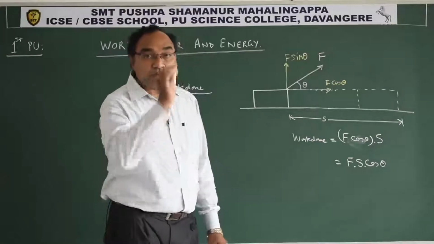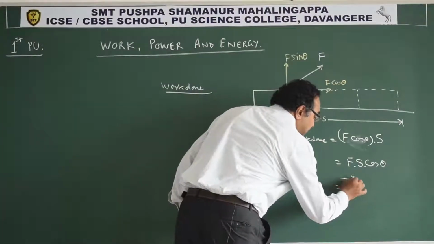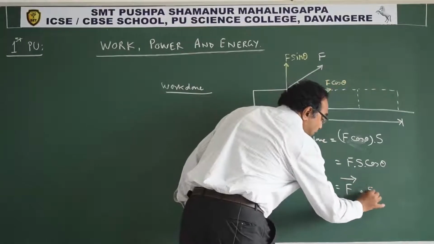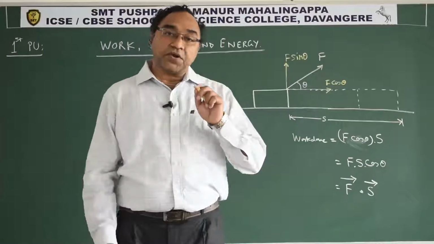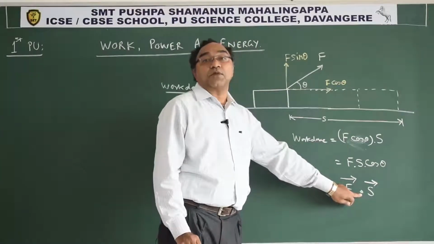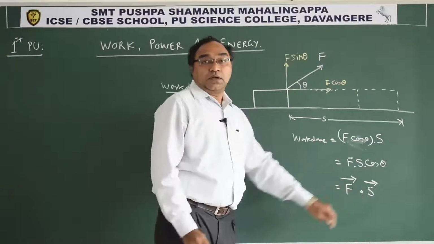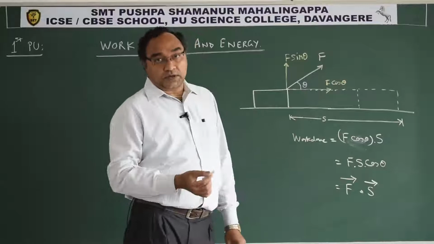This is what we can write. Now in the language of vectors, we can write this as F dot product with S. Now the question arises, what is the meaning of this dot product? What exactly is the inference we draw from the dot product? So dot product, why dot product only? Why not cross product?